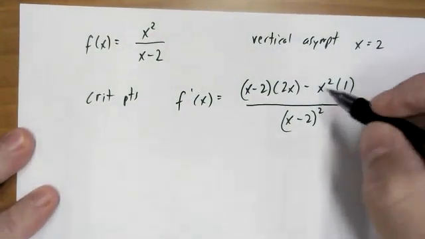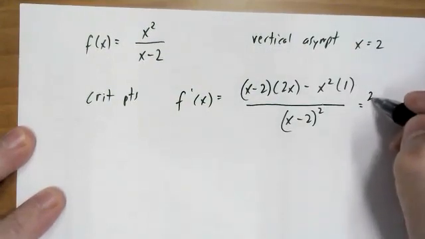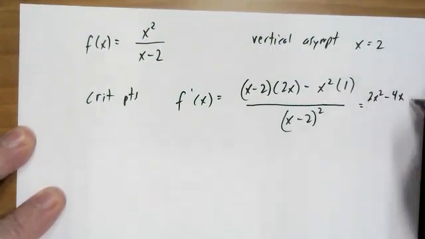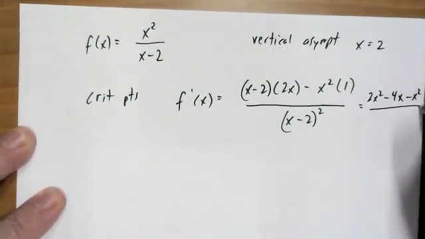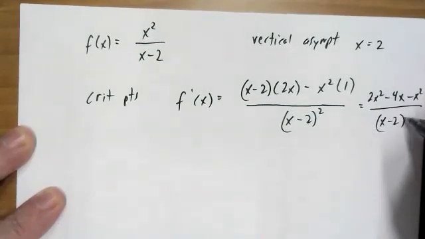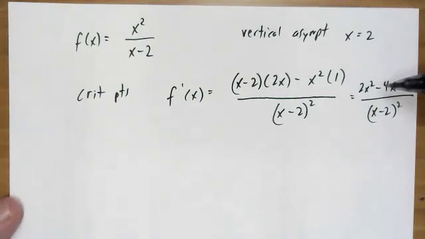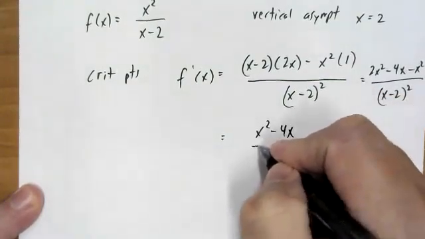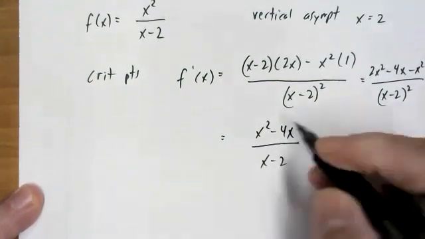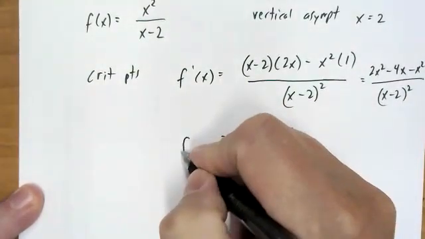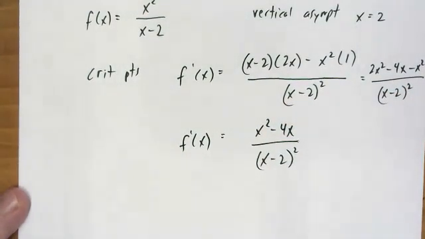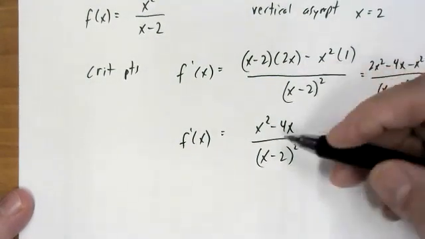So if I try and simplify this, if I multiply this parenthesis, it's 2x squared minus 4x minus x squared over x minus 2 squared. So 2x squared minus x squared is just x squared. So it looks like it's going to be x squared minus 4x over x minus 2 squared. So there's my first derivative, sort of simplified.